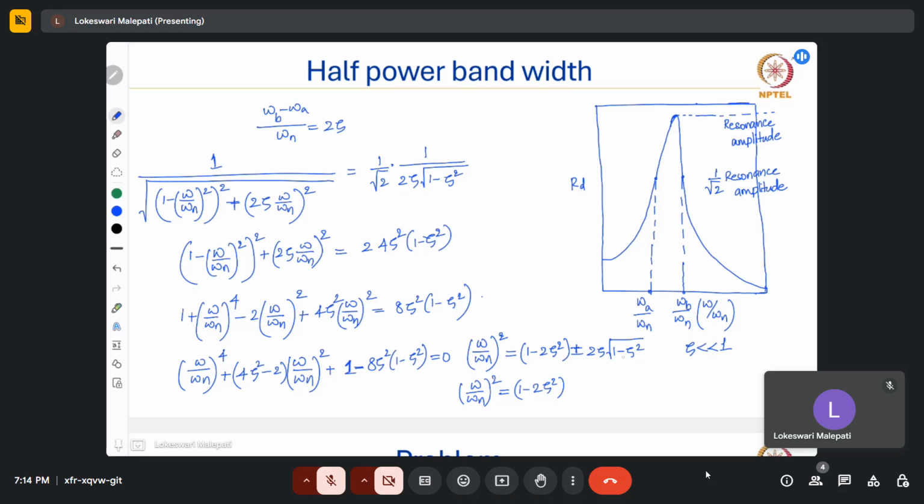Because this value multiplied by this again, another value would be very small. So omega by omega n will be approximately equal to 1 plus or minus 2 zeta.